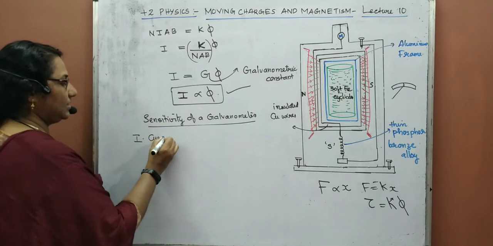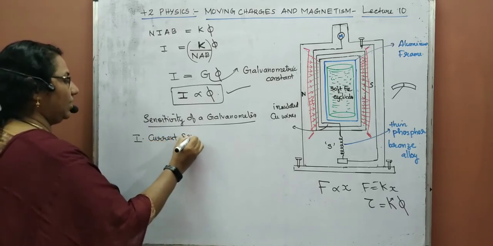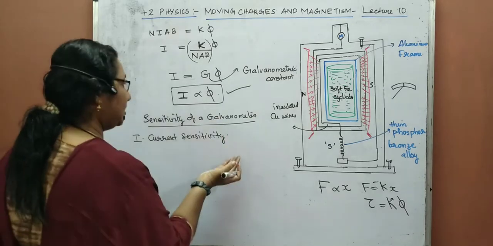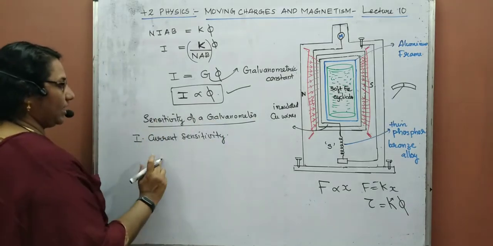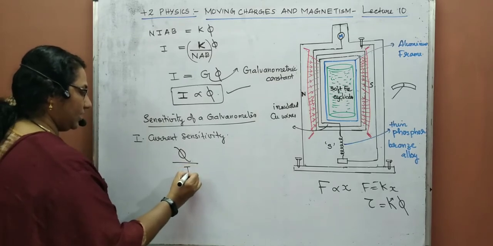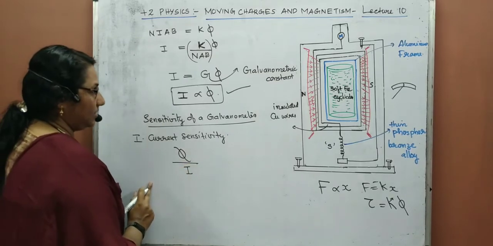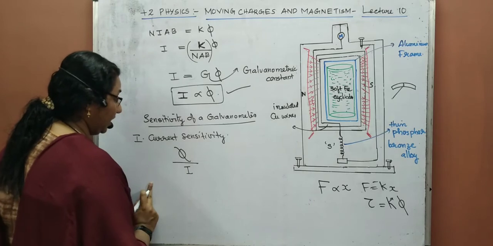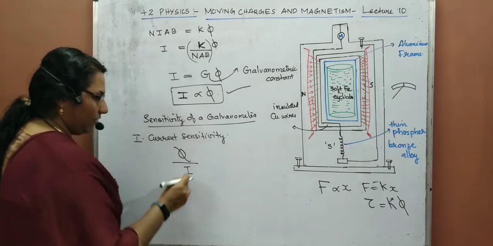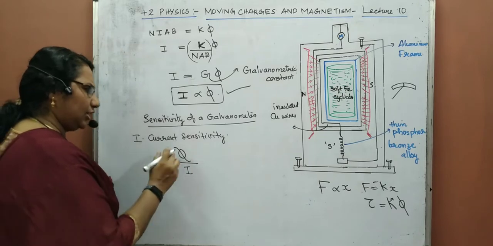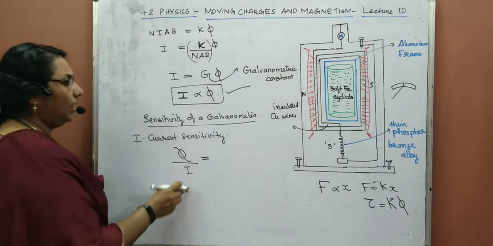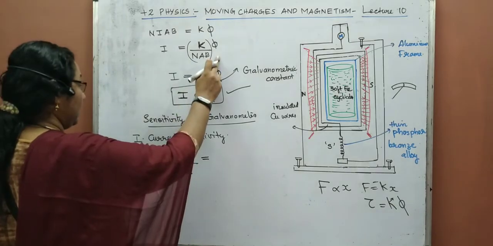What is current sensitivity? The galvanometer must show a large deflection for a very small current. A large deflection for a small current is called the current sensitivity. When a small current flows, a large deflection has to be obtained. So this ratio is called the current sensitivity.